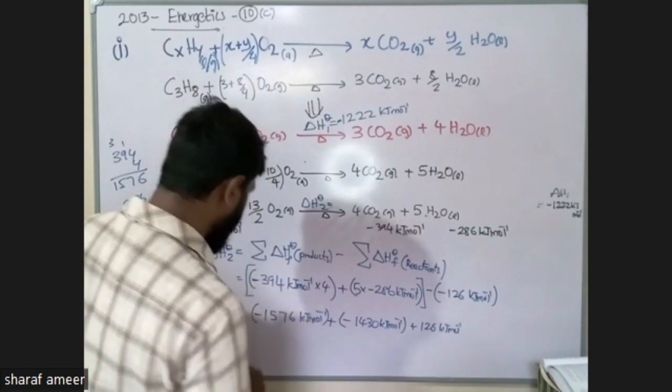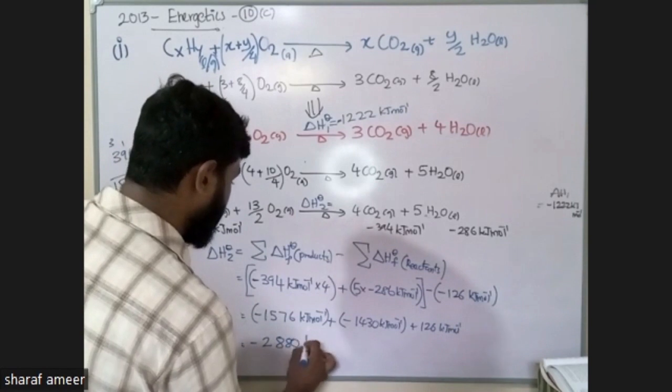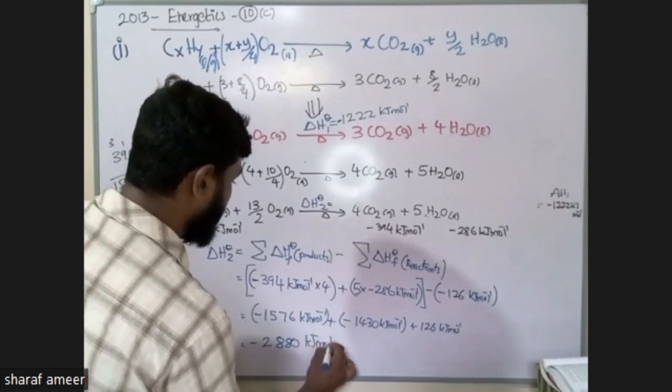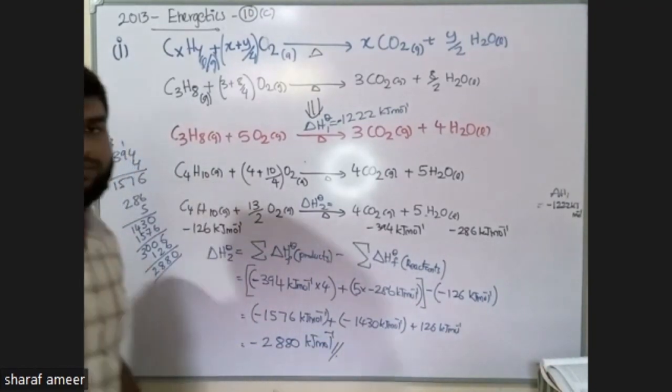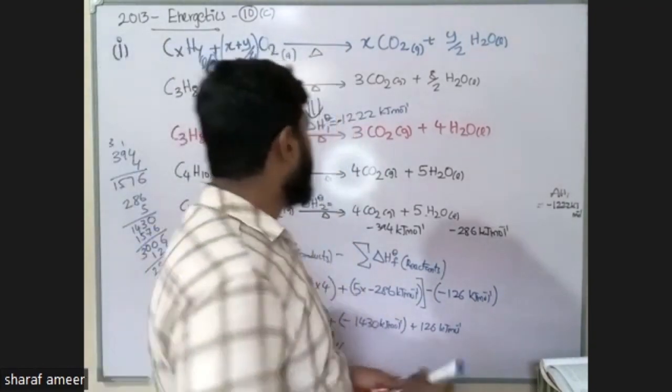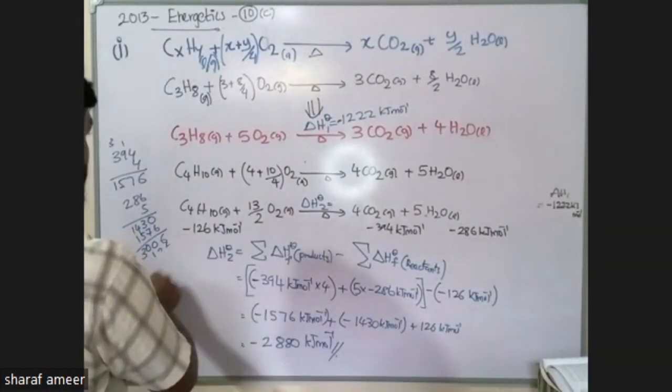So the final answer is going to be minus 2880 kilojoule mole minus 1. Understood? This is the way you need to answer the essay part here, right?